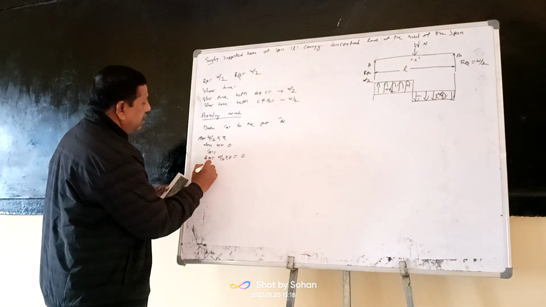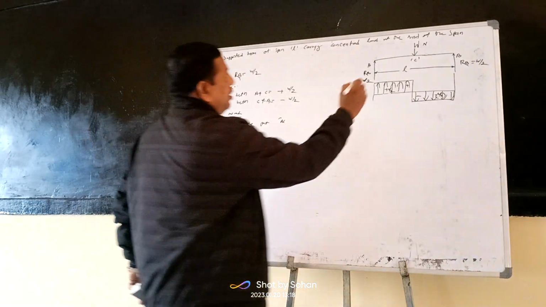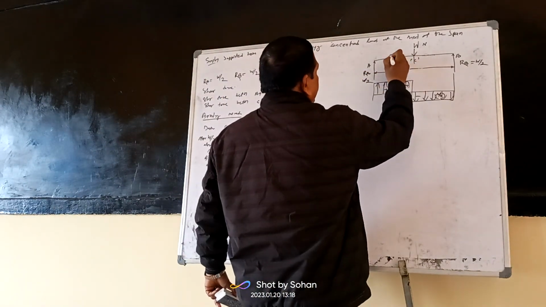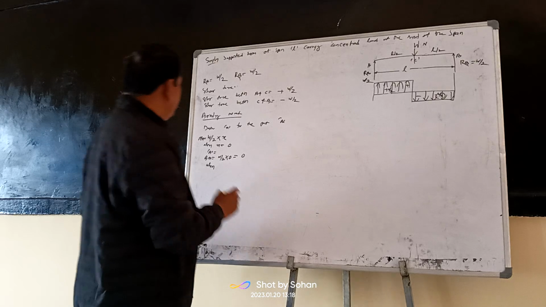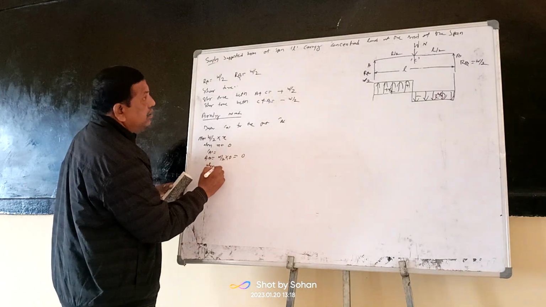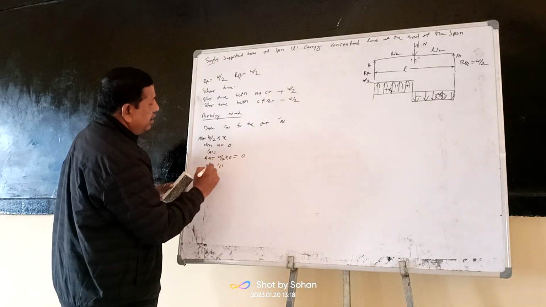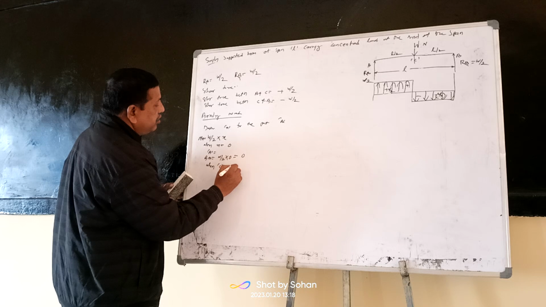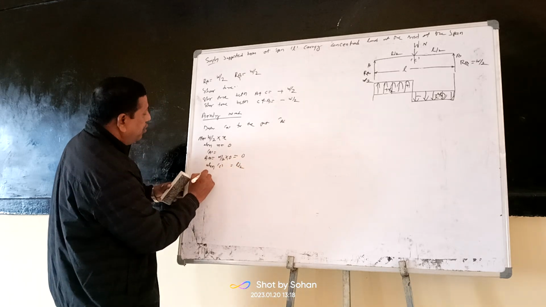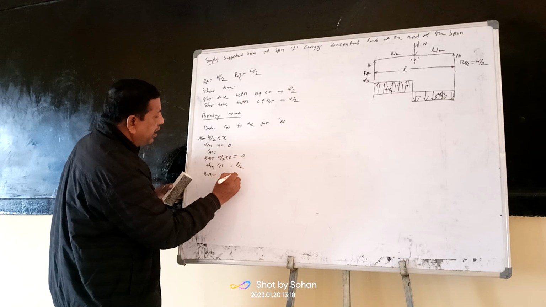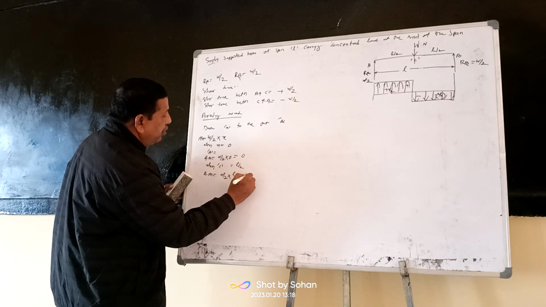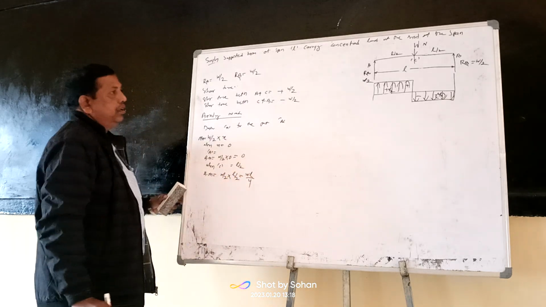Then this point is at L by 2, and this is also distance L by 2. So at point C, the distance is equal to L by 2. So the bending moment is equal to W by 2 into L by 2, which is equal to WL by 4.